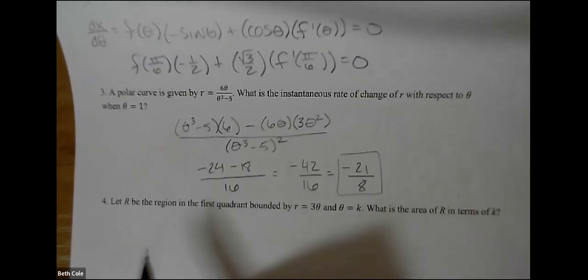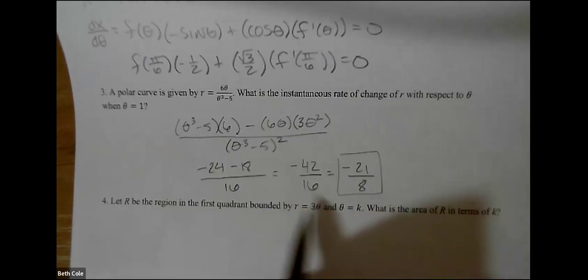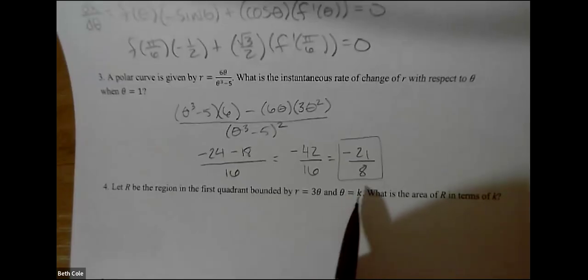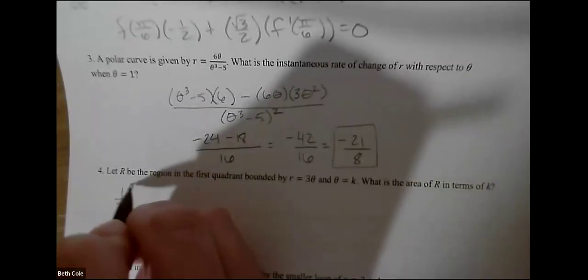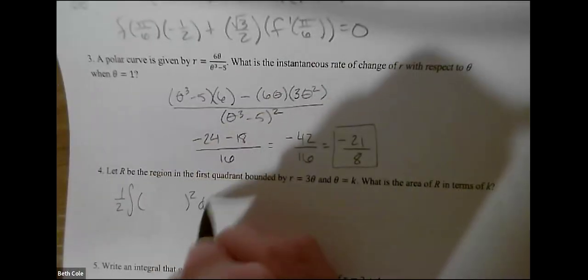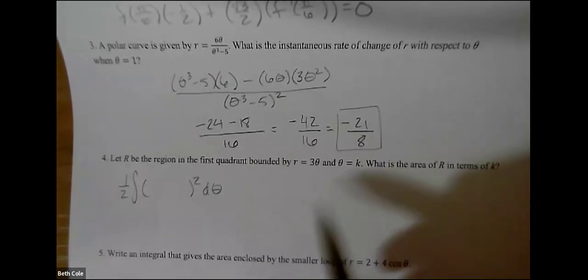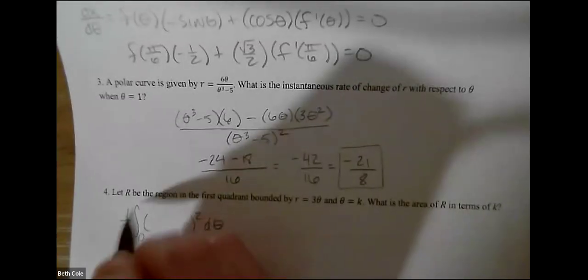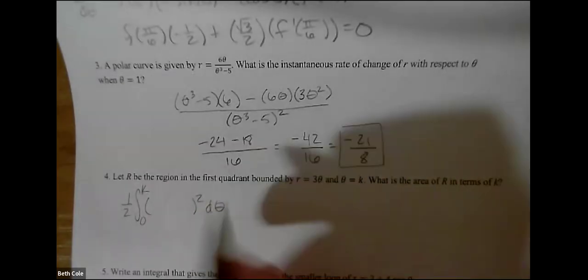All right, let R be in the first quadrant, bounded by, all right, this is our graph, and theta equals k, so some number. What is the area in terms of k? So we're going to set up our area formula, 1/2 r squared d theta. We're in the first quadrant, so we're going to start at 0 and go to whatever this k number is, and then r is what goes in there.